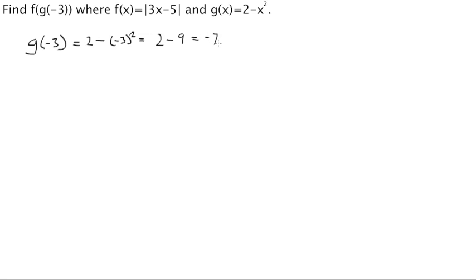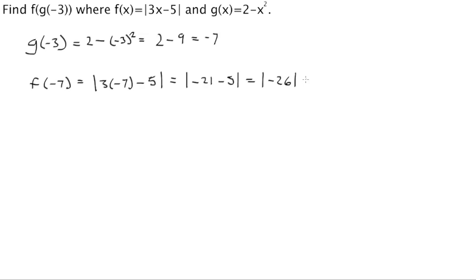Now I'm going to take this number and plug it into my f function. So I need to find f of negative 7. That's the absolute value of 3 times negative 7 minus 5. So 3 times negative 7 is negative 21. When I subtract 5 from that, I get negative 26.